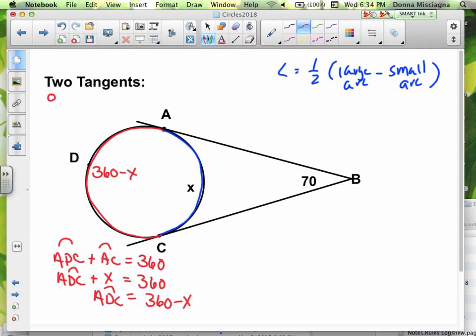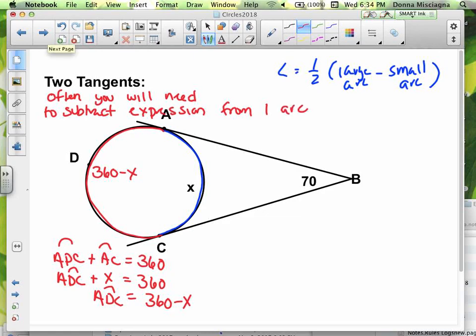So often you will need to subtract the expression of one arc from 360 to find the other arc.